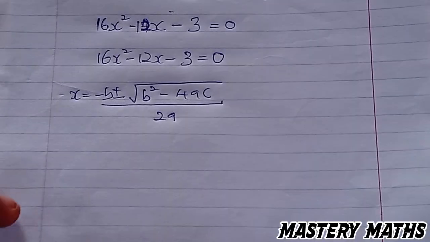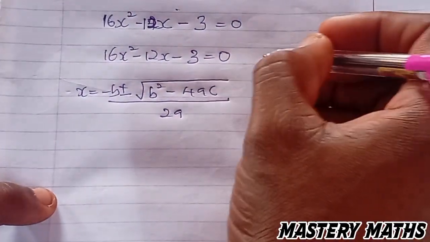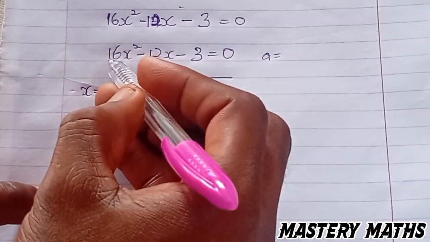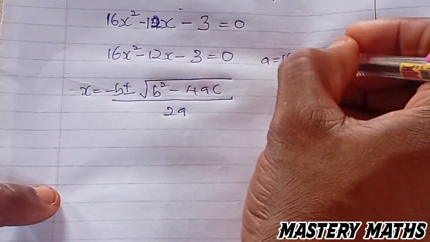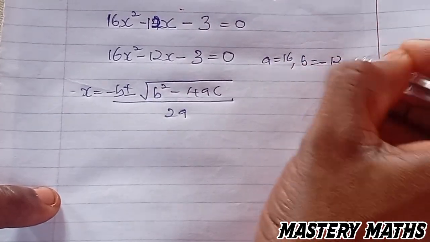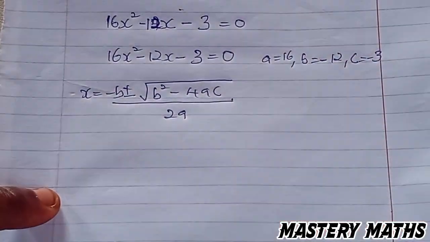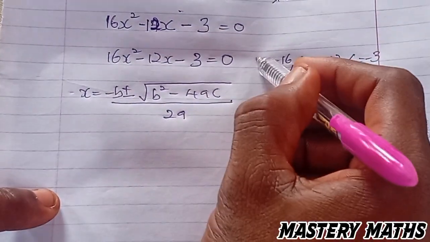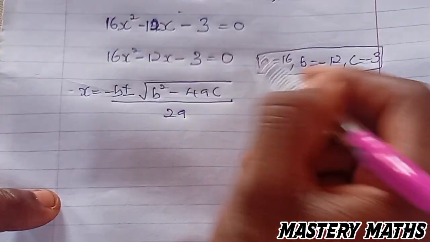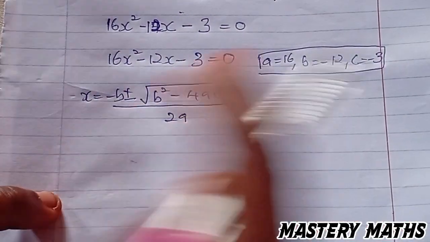Now, our a here is equal to 16, our b is equal to minus 12, and our c is minus 3. We're going to substitute these into the formula and work with it.